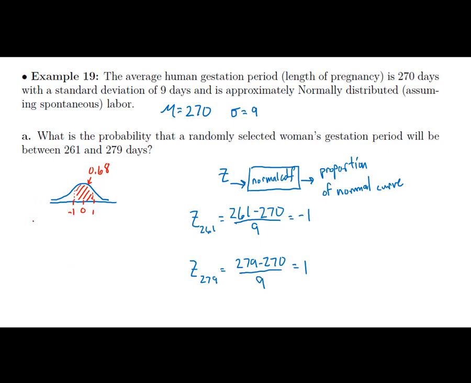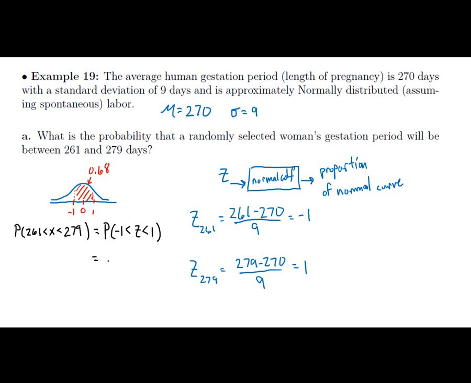But let's go through the motions of what we're doing when we use the calculator to give us our answer. We're trying to figure out the probability that our x value falls between 261 and 279 days. By this calculation of our z-scores, answering this question is the same as answering the question of what's the probability that my z-score is between -1 and 1.